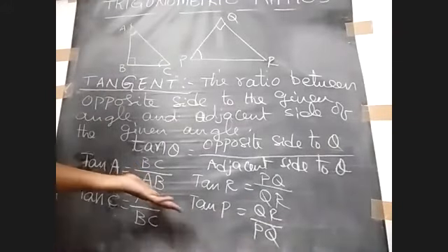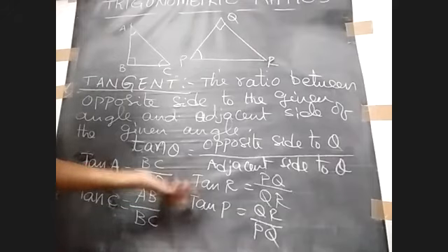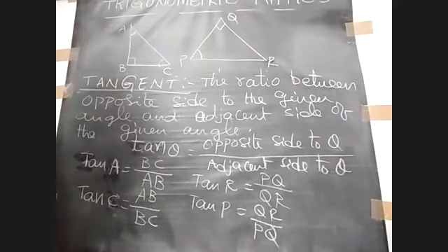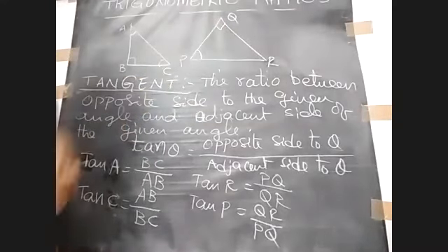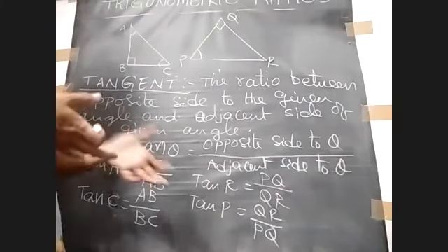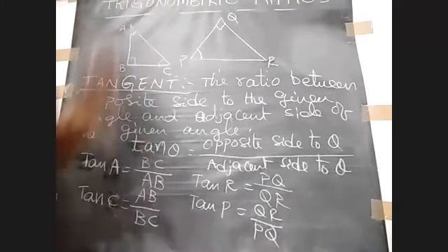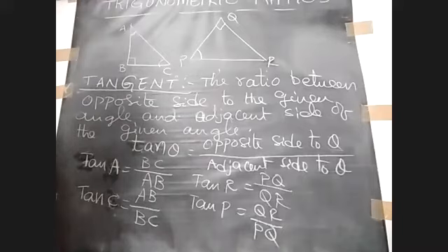Did you think about tan Q? Why don't we give the ratios for the angle Q? We are asking only for the two angles, R and P. Why don't we give the ratio for Q? Ma'am, because the adjacent side of angle Q is the hypotenuse. Very good.